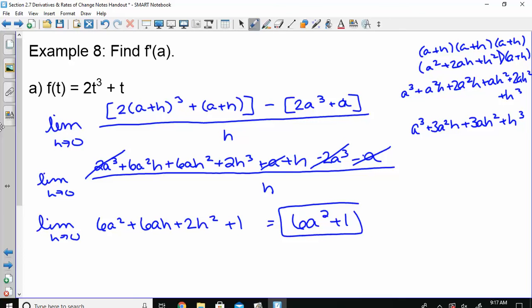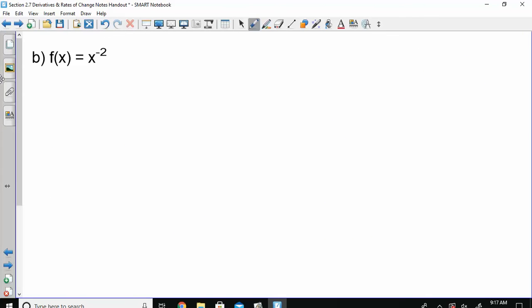Did everybody get that one? Last one for today. f of x equals x to the negative 2.